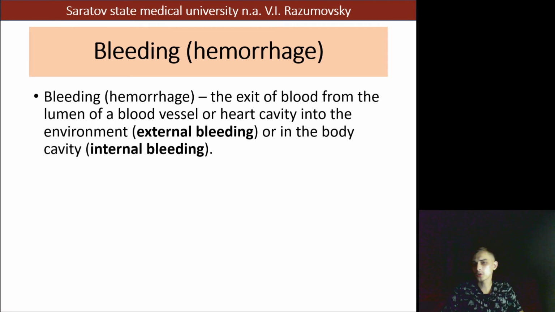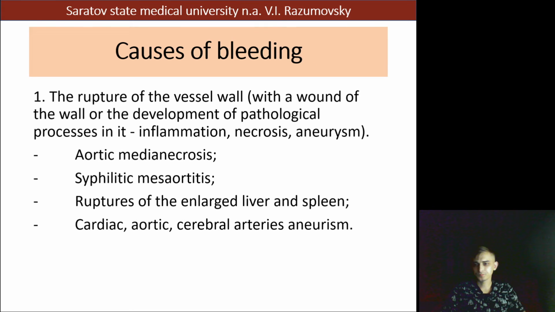Causes of bleeding. First of them is the rupture of the vessel wall, with a wound of the wall or development of a pathological process in it. For example, it may be associated with inflammation, necrosis, aneurysm. Example of this you may see on the slide.